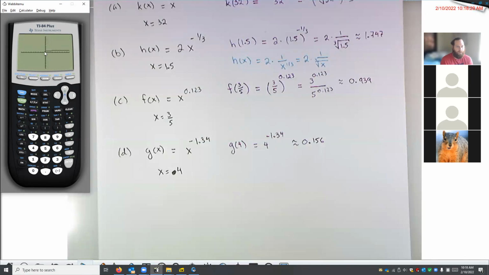Now this time it's zoomed out too far along the y-axis. So if I want to get a better picture for that graph, maybe I'll change my y settings from -10 to 10 to something like -2 to 2. There we go. And there's that root shape.